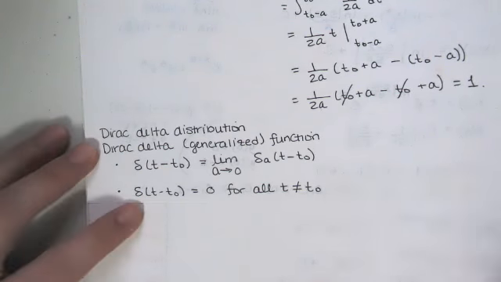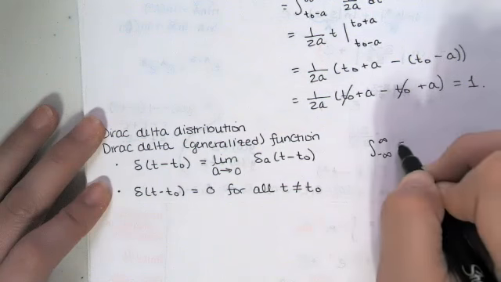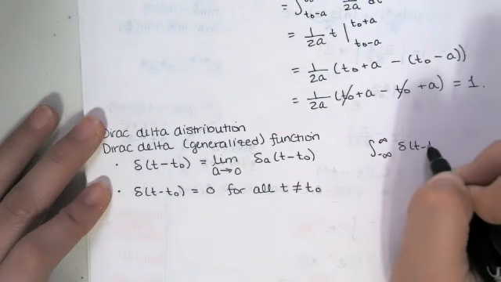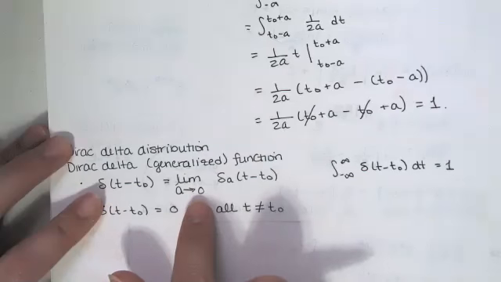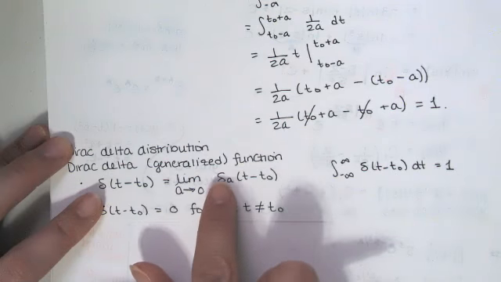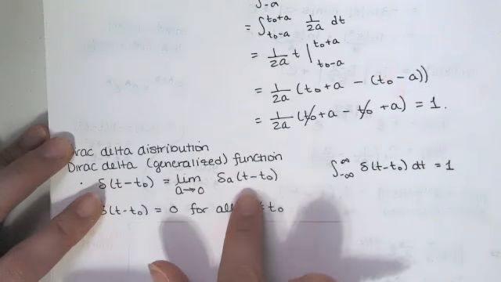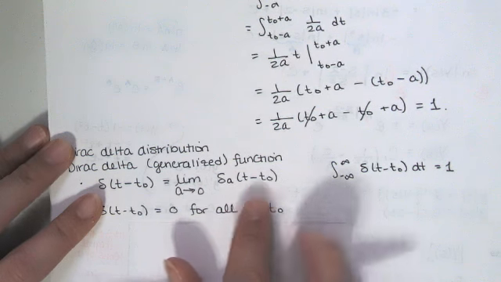And we will say that the area under the curve for Dirac delta from negative infinity to infinity is equal to 1, because we are thinking of this as the area under the curve of this function. So as a approaches 0, the area under this curve is always equal to 1. It doesn't matter what a is.